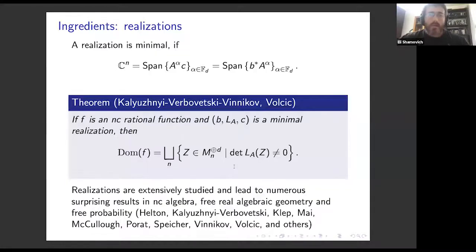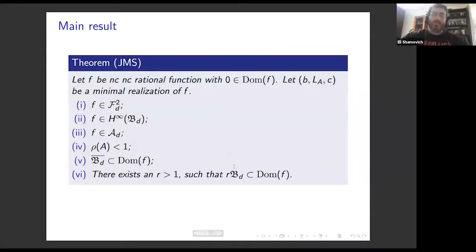But now if you combine these two ingredients, the joint spectral radius and this realization, you get the following theorem. If you start with a non-commutative rational function with 0 in its domain, and of course if 0 is not in its domain, it cannot be defined on the ball, then it's in the Fock space if and only if it's a bounded function, if and only if it's actually in the disk algebra, if and only if it's actually defined and analytic on a slightly bigger ball around the origin.